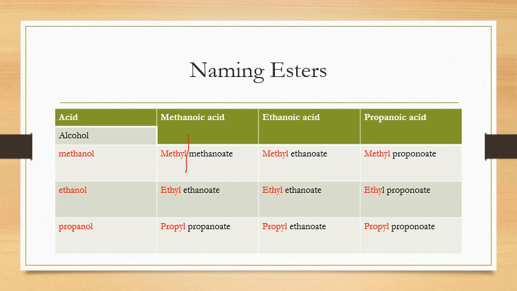So methyl would come from the methanol, and the methanoate would also come from methanoic acid.